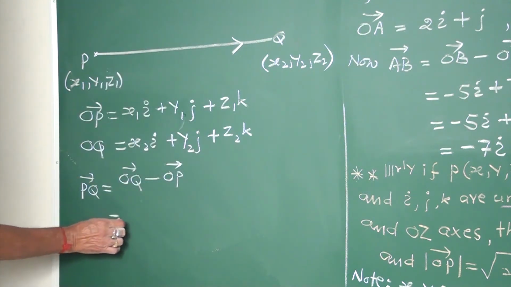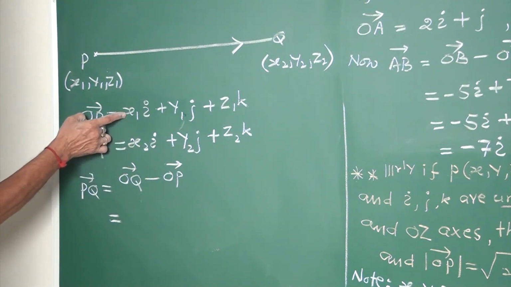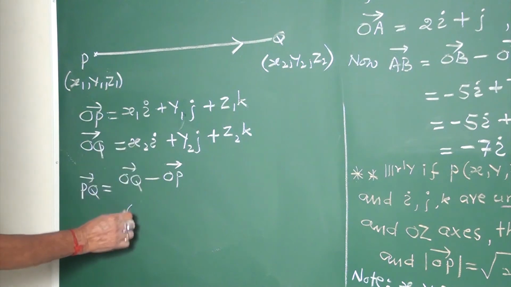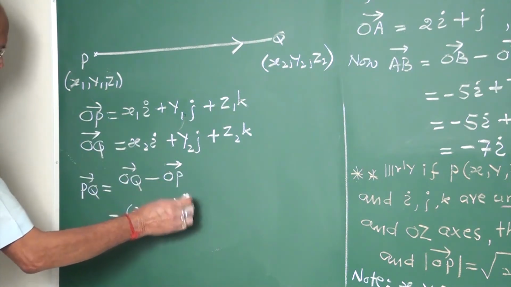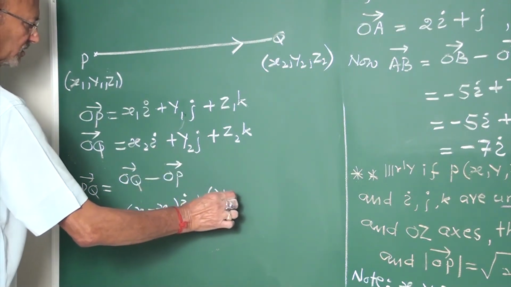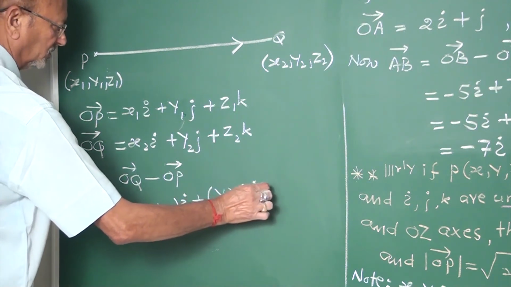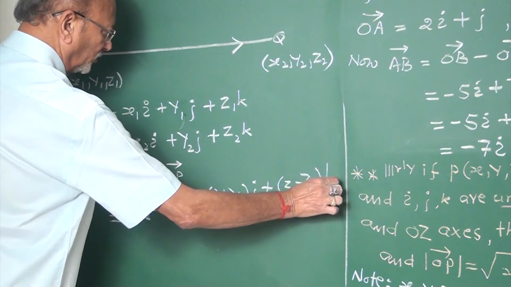Then what is OQ minus OP? It means (x2 minus x1) into i plus (y2 minus y1) into j plus (z2 minus z1) into k.